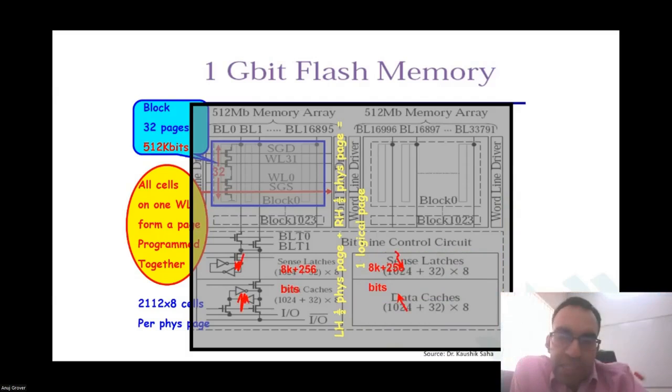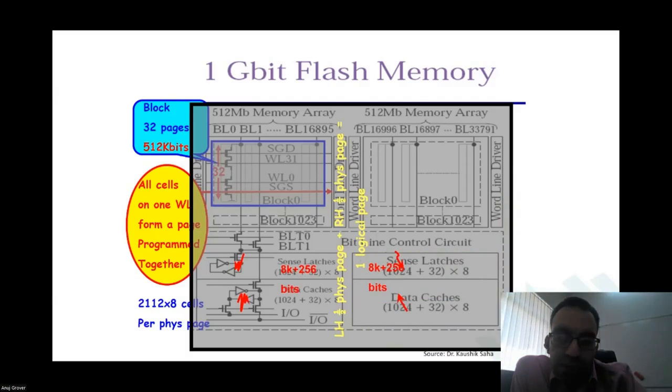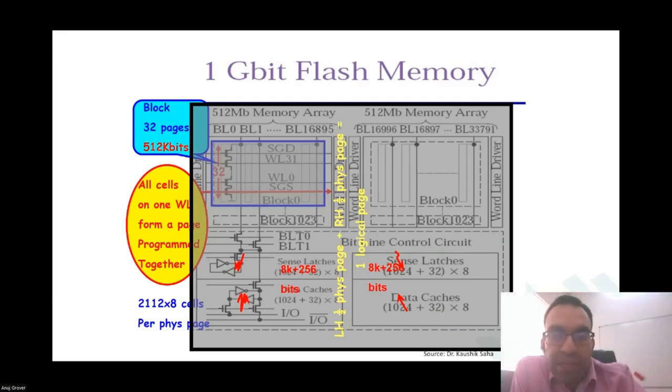So now what we are saying is that there are 8K plus 256 bits that are being read on the left side and same bits that are being read on the right side or written from the left and right side.